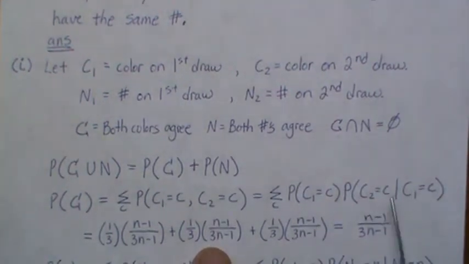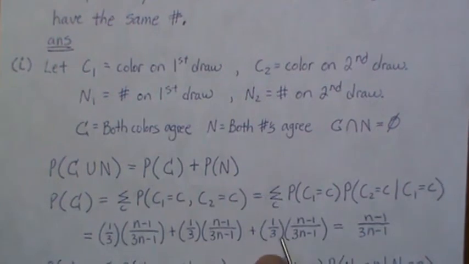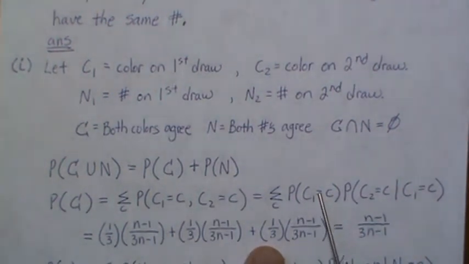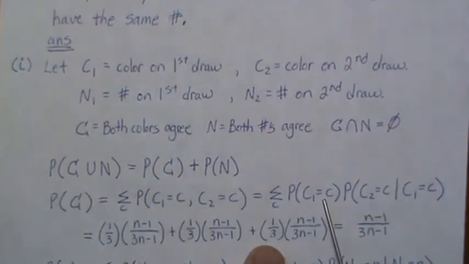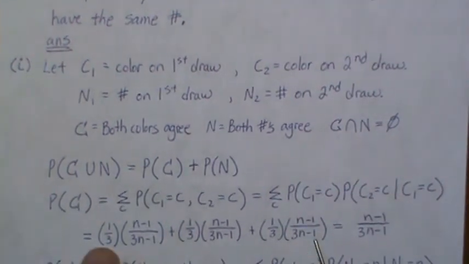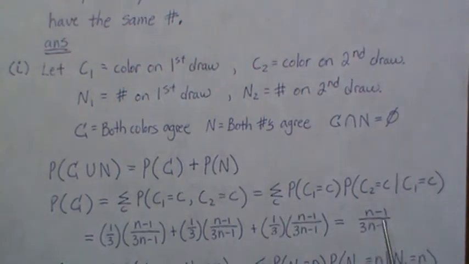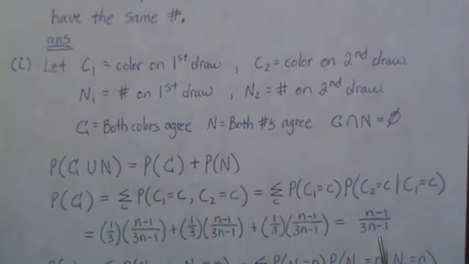Given that we drew a black ball, what's the probability the second one's black? Well, there's N minus 1 of them left over 3N minus 1. Then the probability that it is a white ball is 1/3, and the probability that the second ball is white, given the first one's white, is N minus 1 over 3N minus 1. Add those together, you get N minus 1 over 3N minus 1.